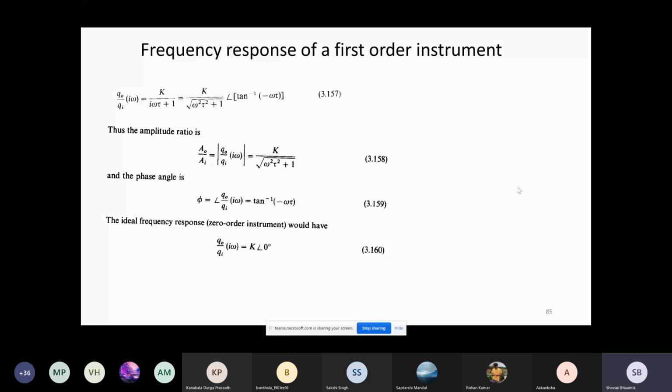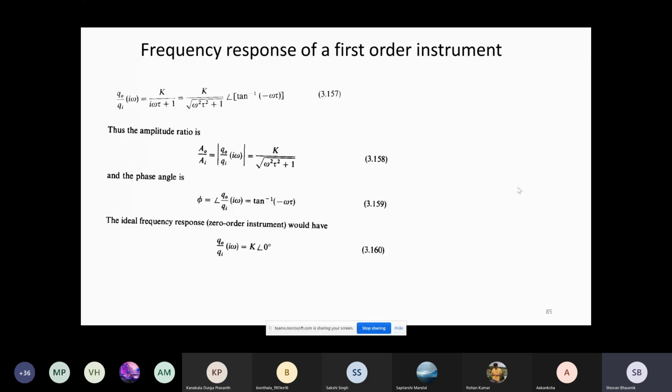Now, this can be looked at in a bigger perspective. According to the Fourier series, almost every input can be decomposed into a series of sinusoidal inputs. So the input becomes not arbitrary but a summation of many sinusoidal inputs. For each individual sinusoidal input, from the frequency response, you know the output.